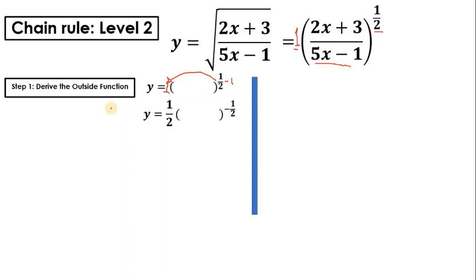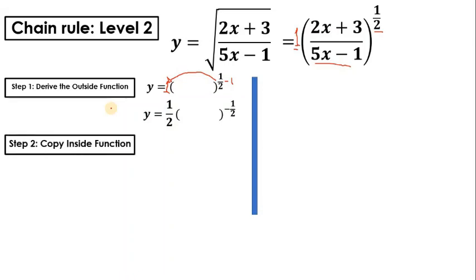Okay, so step number 2 in the chain rule is we have to copy the inside function. We know what our inside function is. First we copy the result of our step number 1. That is the result of your step number 1. For step number 2, you only copy, nothing to do with it, just copy your inside function.